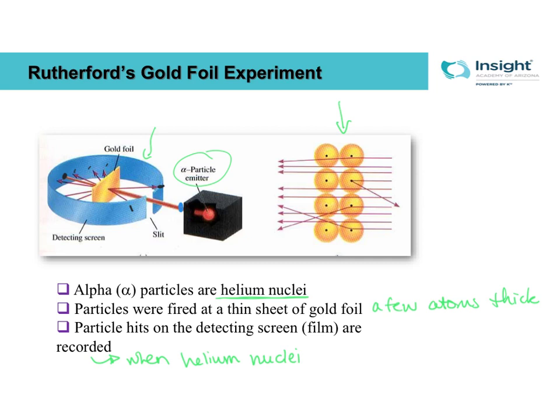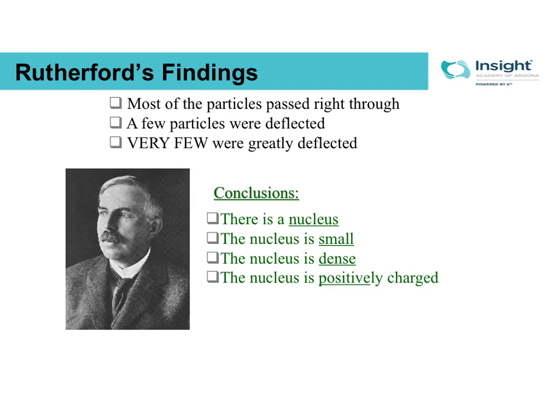But the vast majority of the alpha particles just go straight through like there's nothing there. All right, so Rutherford found that most particles passed right through the gold foil. Very few were deflected, and even fewer were greatly deflected.